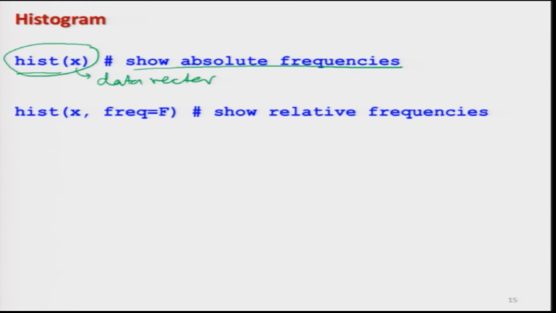But in case you want to create the histogram using the relative frequencies, then you have to add one more parameter, FREQ equal to capital F, that means frequency is equal to FALSE. As soon as you give frequency to be false, the function HIST will automatically consider the relative frequency for the construction of the bars.